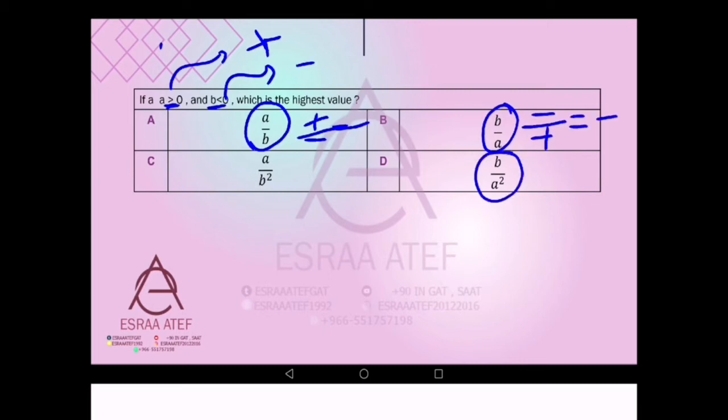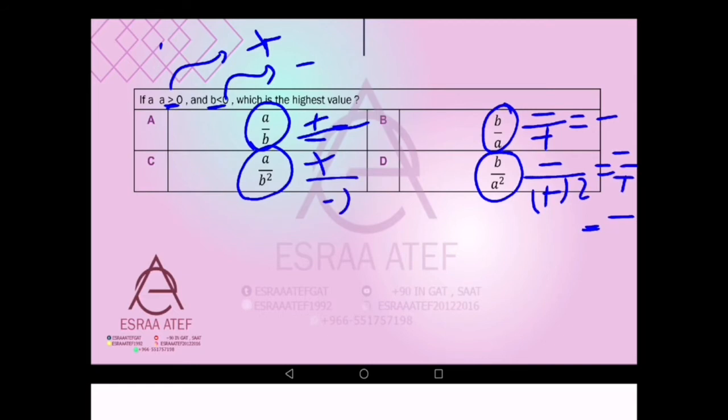Here, negative over positive gives us negative. Here, negative over positive squared, which is the same, negative over positive, gives us negative. Here it's positive over negative squared. When we square the negative, it will be positive, so it will be positive over positive, which gives us positive. So this is the only one which is positive, which means it's the highest value.